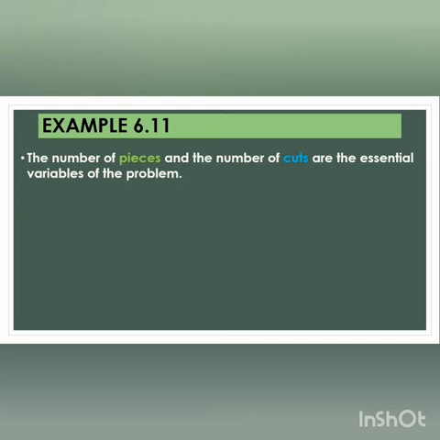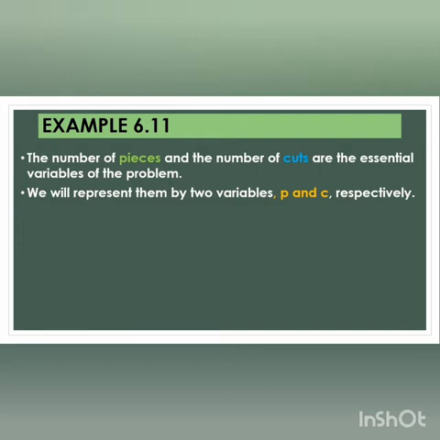Initially, we have a single-piece rectangular bar with no cut. When we make a first cut, the bar divides into two pieces. We will represent them by two variables P and C respectively. So, P and C are essential variables here: P for number of pieces and C for number of cuts.